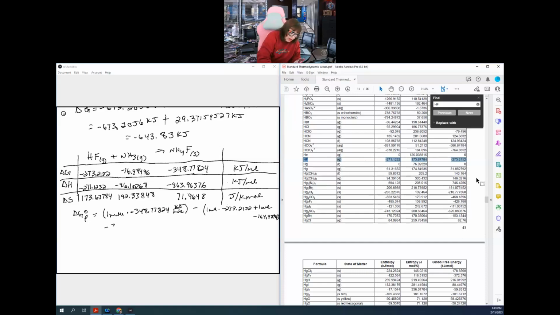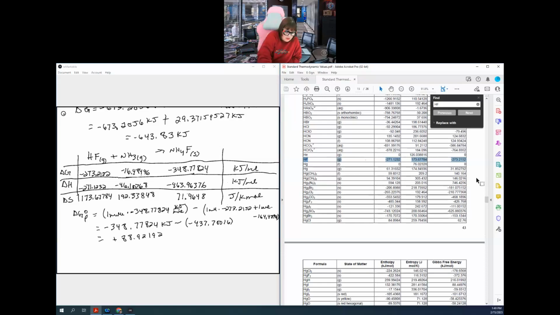And that's going to give me, simplifying here, negative 348.77824, and that's in kilojoules, because I've gotten rid of the mole by doing that multiplication, minus the negative 437.70016, which is the combination that I get from the two of those. So negative 348.77824 minus the answer that I just calculated, which gives me a positive 88.92192.